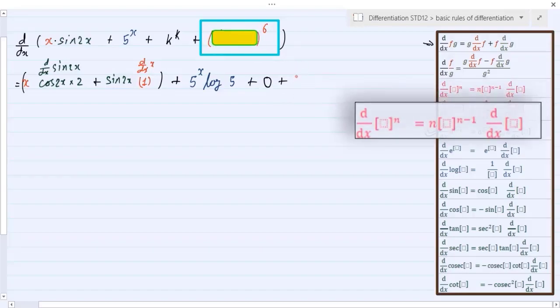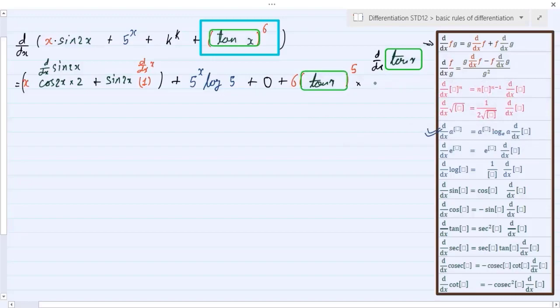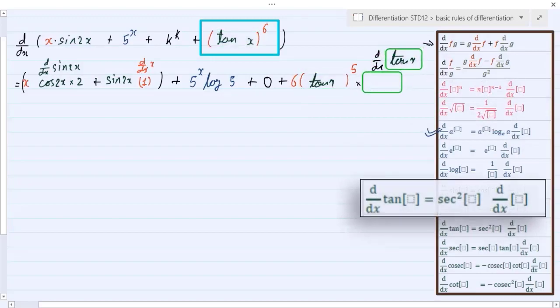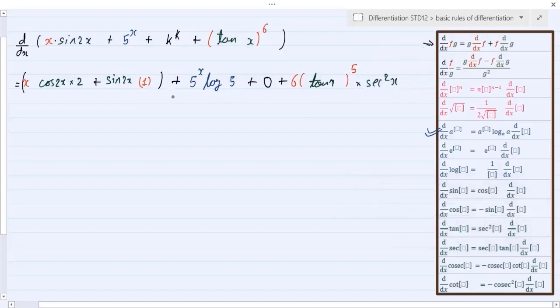Differentiation of box raised to 6 is nothing but 6 box whole raised to 5 into differentiation of your box, and within the box we have 10x. So we just have to multiply the differentiation of 10x, which is 6 square x. So ta-da! You can consider this as your final answer.